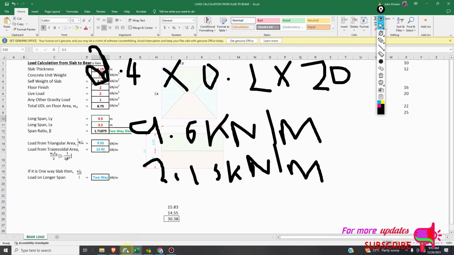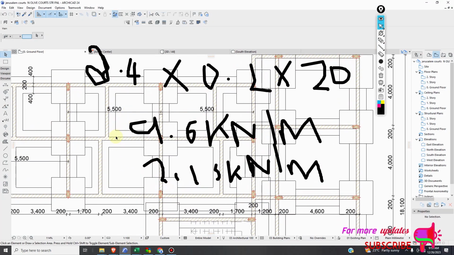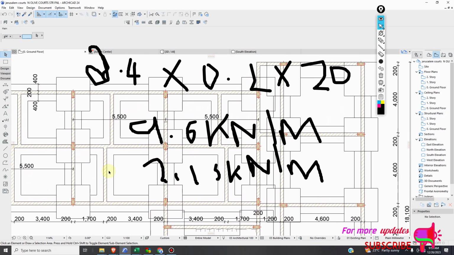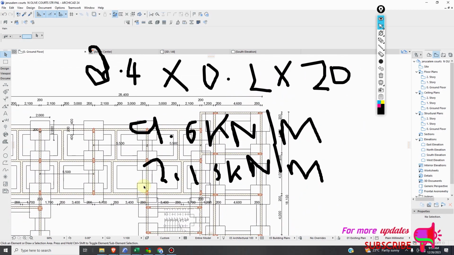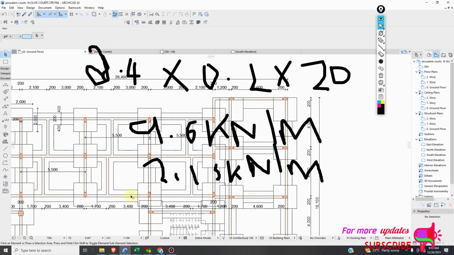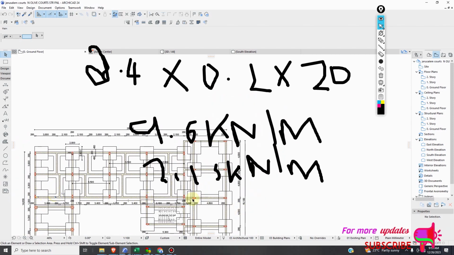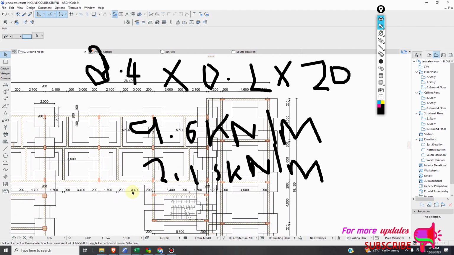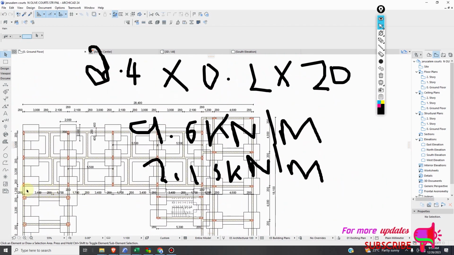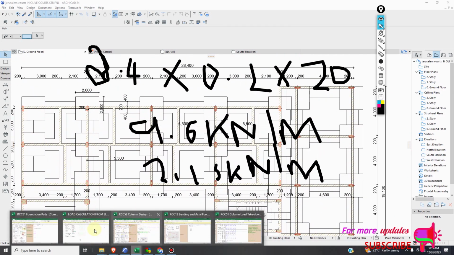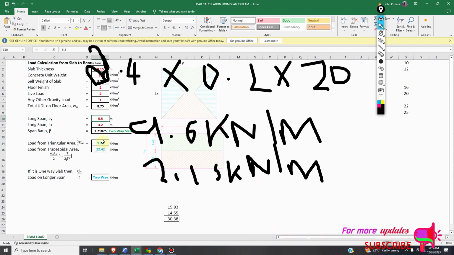So the load from this slab here is 3.4 into 3.2. That is the Ly is 3.4, Lx is 3.2. So using this spreadsheet, you can find the load, the triangle and trapezoid area.